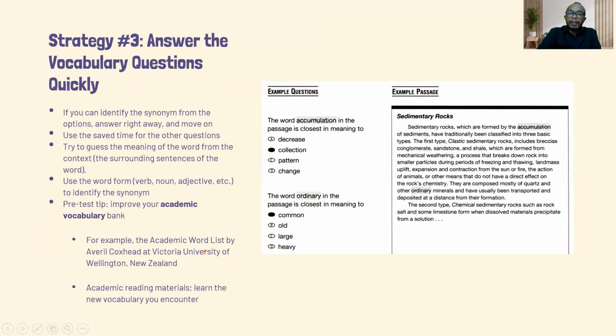And this list consists of 570 academic vocabulary items that are based on research and studies conducted by Coxhead, commonly used in university settings. And also, you can invest time to improve your academic vocabulary by reading academic materials and then learning the new vocabulary you find during that practice.